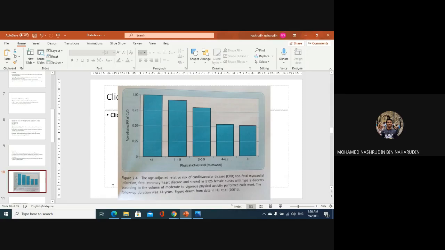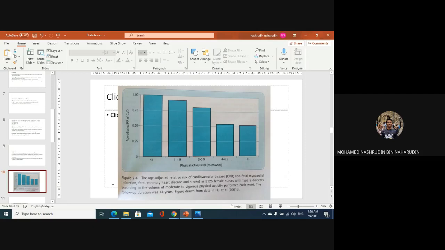The result from this study shows that physical activity was assessed via questionnaire on 5 occasions over a 14-year period, and the duration of moderate to vigorous physical activity performed each week was inversely related to the risk of cardiovascular heart disease.